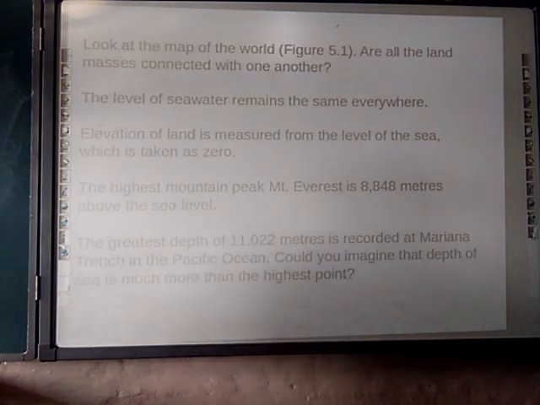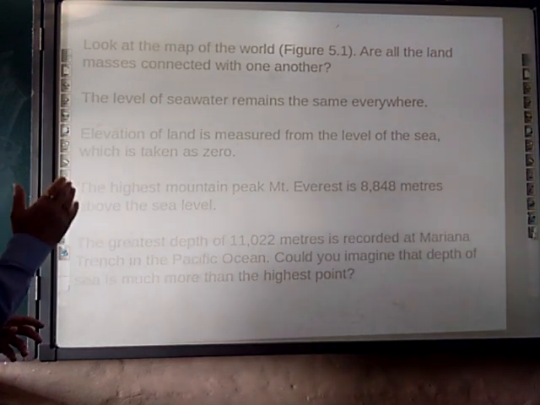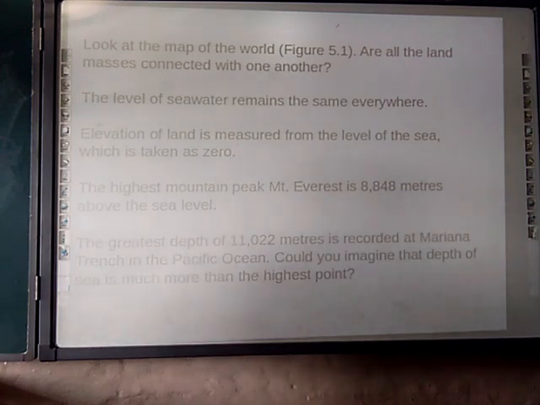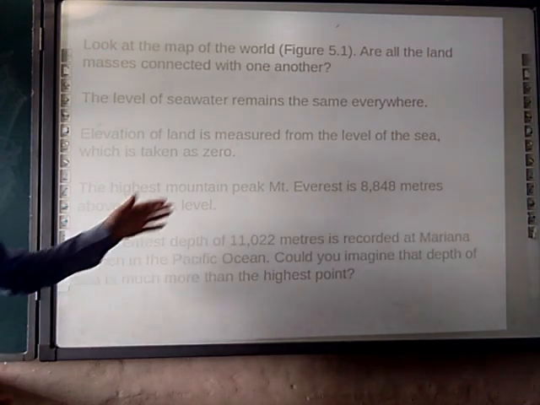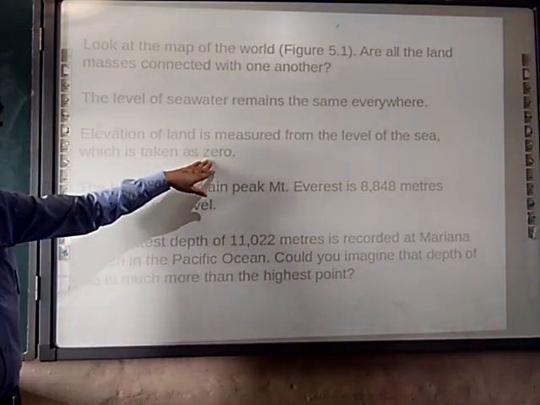Next, look at the map of the world, figure 5.1. All the landmasses are connected with each other. In that, we are going to see that the oceans are also connected. The level of the sea water remains the same everywhere. Elevation of the land is measured from the level of the sea, which is taken as 0.